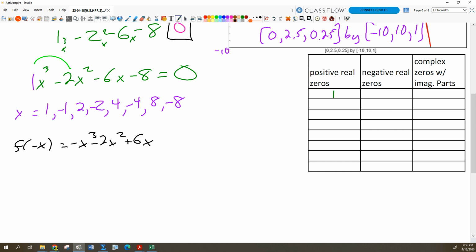So that becomes a plus 6x, and that stays a minus 8. So now I end up with, let's see, there's one, and there's one. So my number of possible negative real zeros? 2 or 0. Yeah. So I get either 1 and 2 and 0, or 1 and 0 and 2. There's only 2 possible outcomes, right?